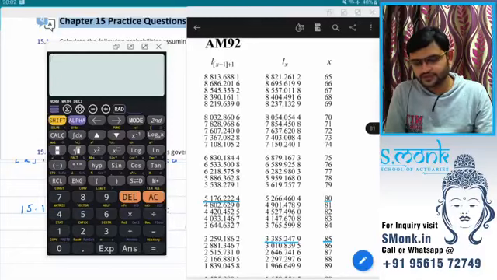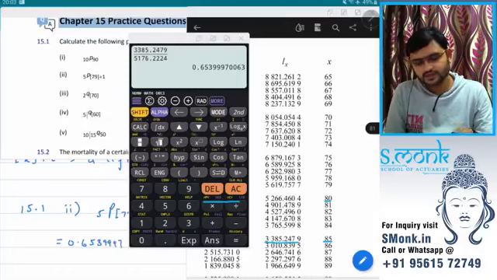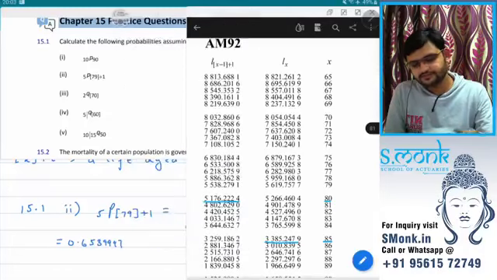First we'll have 85, that is 3, 3, 8, 5, 4, 7, 9, 5. So this is our probability. We get 0.65399997, or we can write 0.654.